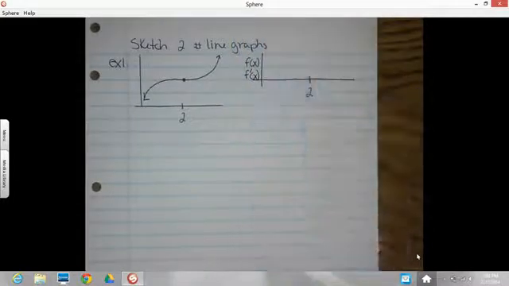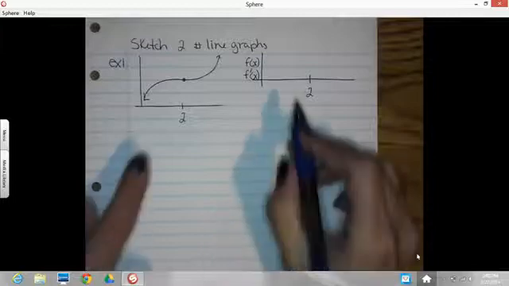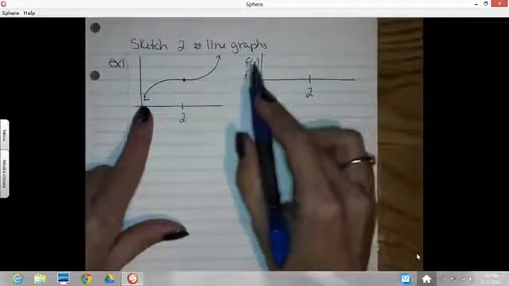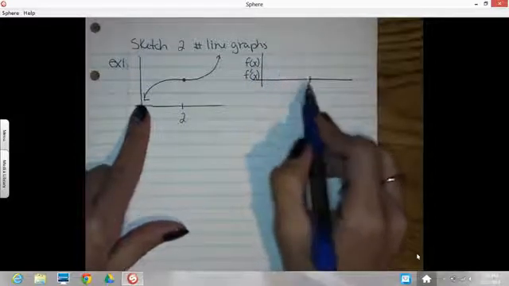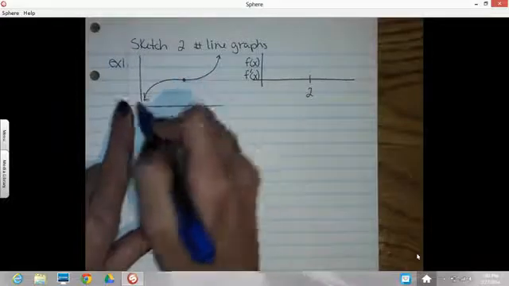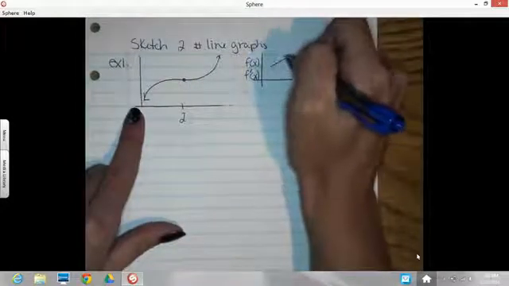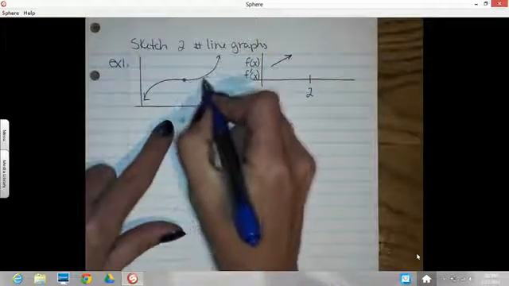So, what we need to do is just first fill in the top row here. All we care about on this is whether f of x is increasing or decreasing. So before the 2, as I go from left to right, I am increasing. So we just show a little arrow as increasing. After the 2, I'm still increasing.